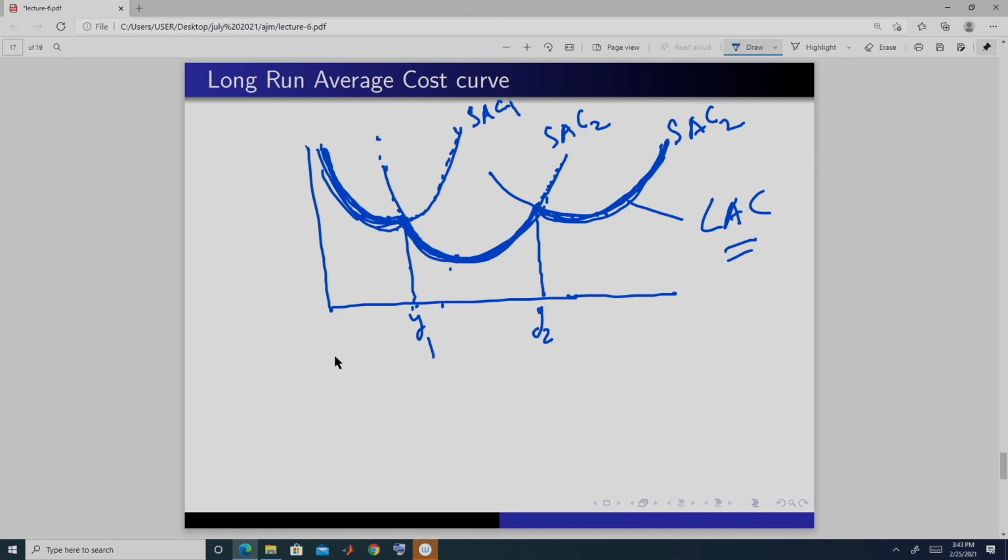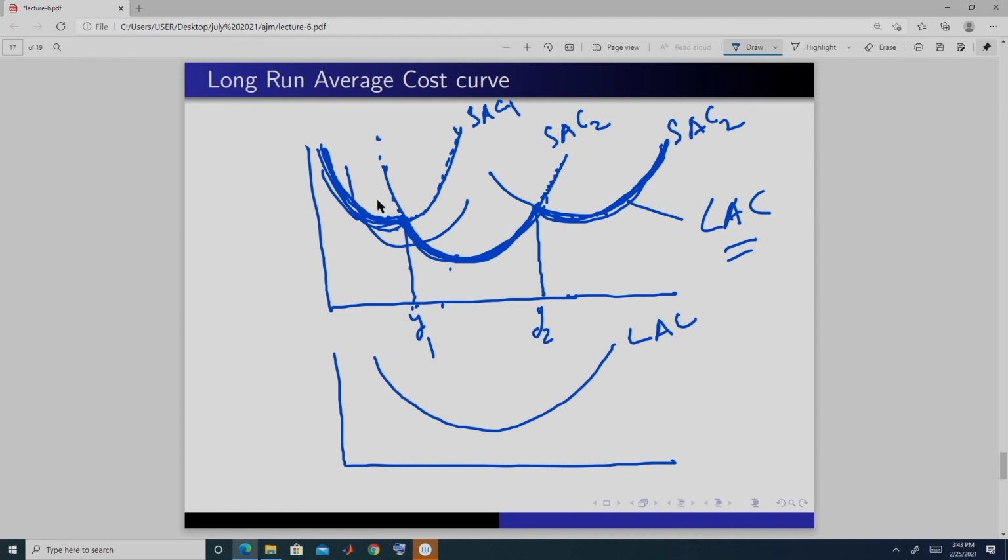If we can continuously change the plant size, then we will get this kind of long run average cost curve. Instead of this, we may have another like this, and another like this. If we go on like this, we get a smooth curve of this nature. So this is the long run average cost.